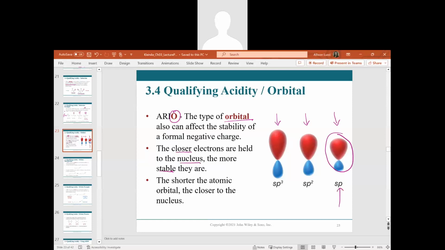So these smaller hybridized orbitals are shorter, sp specifically, so they would be able to stabilize a formal negative charge better than, say, an sp3 hybridized atom. So sp hybridized orbitals are more stable in this case than sp3.